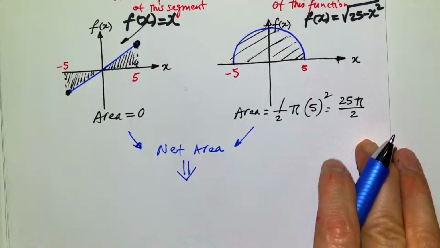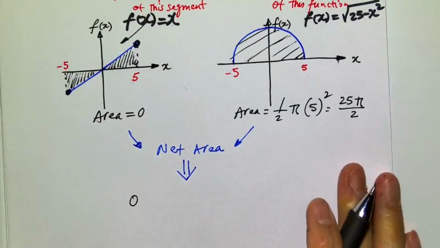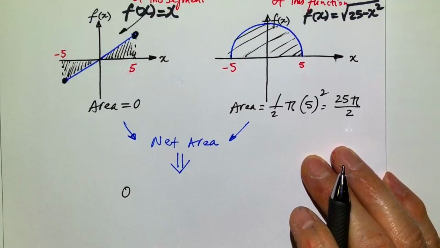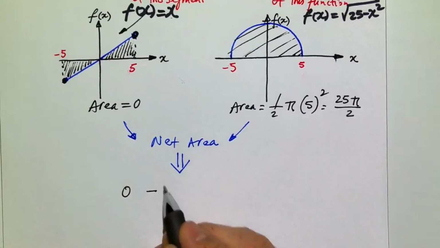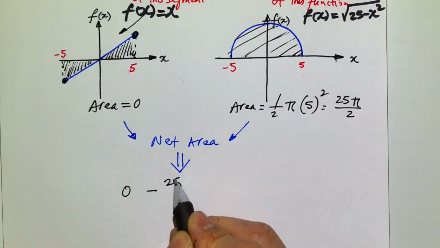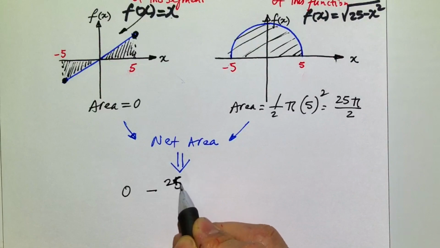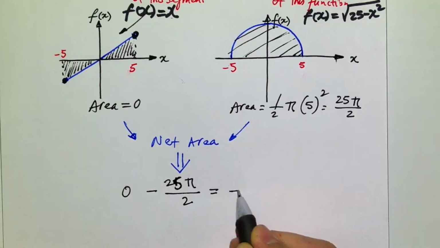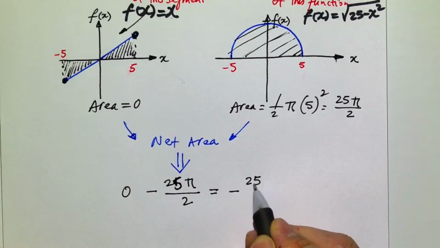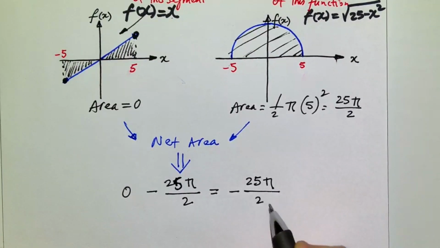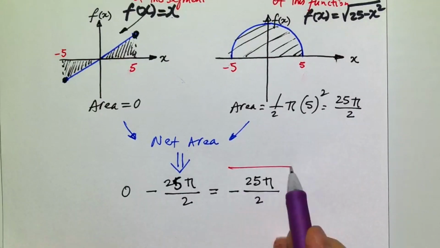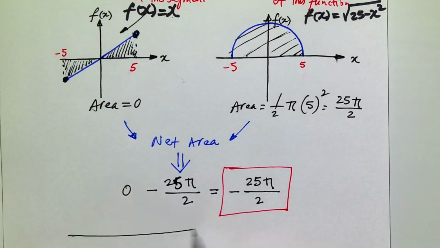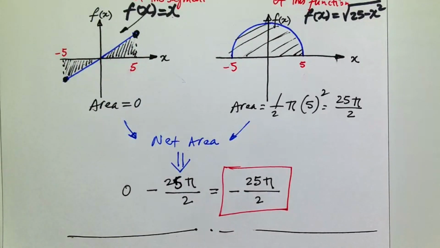It'll be 0 minus 25 pi over 2, which is equal to minus 25 pi over 2. Okay, so that's the area definition of the definite integral.